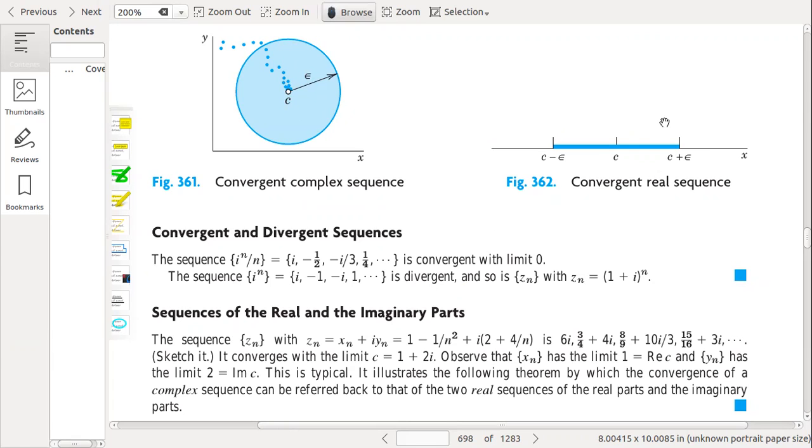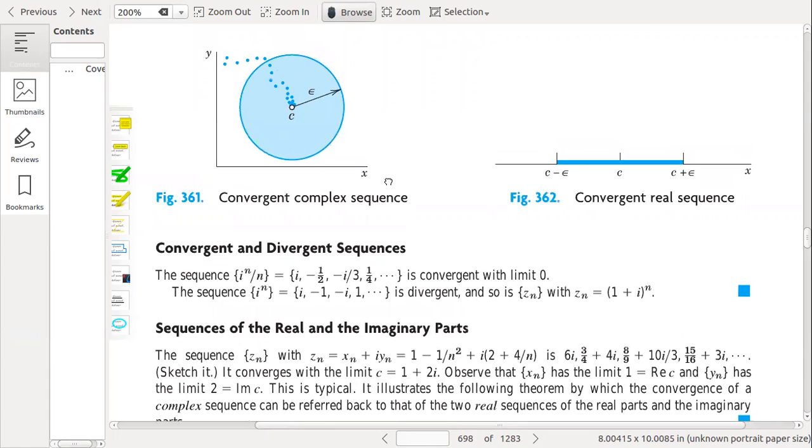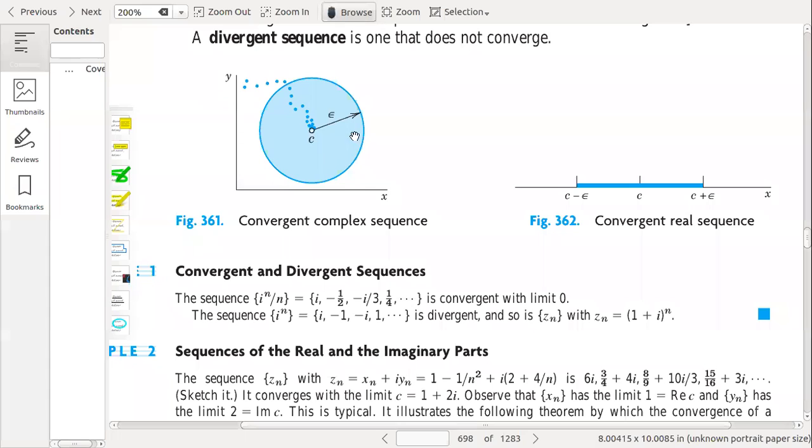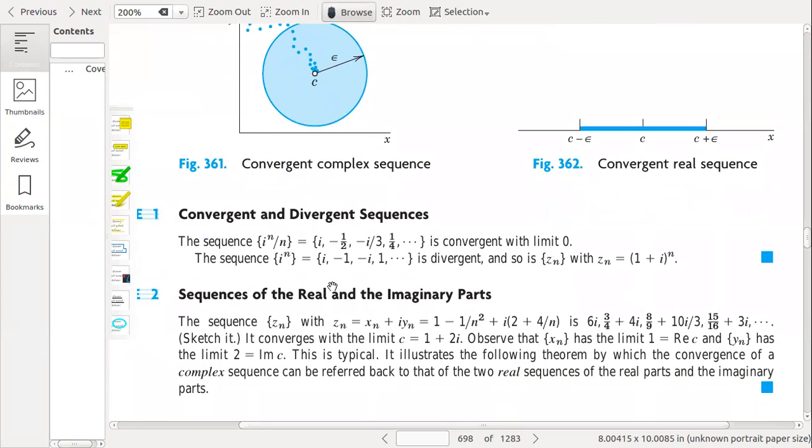So it means this sequence is convergent to the point C. Similarly, this sequence is also convergent to the point C, but this is a real sequence and this figure is a complex sequence.